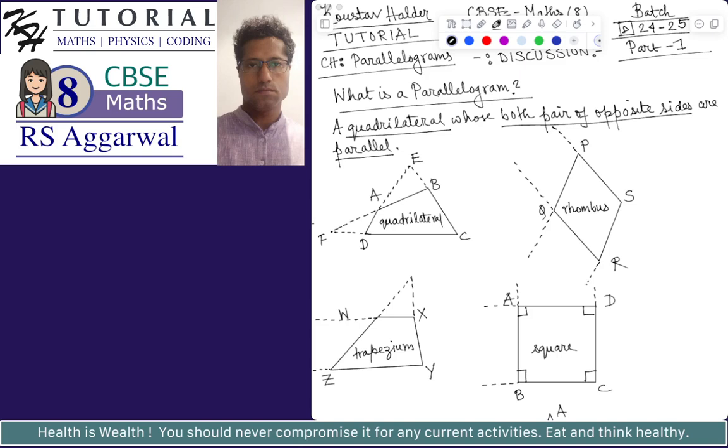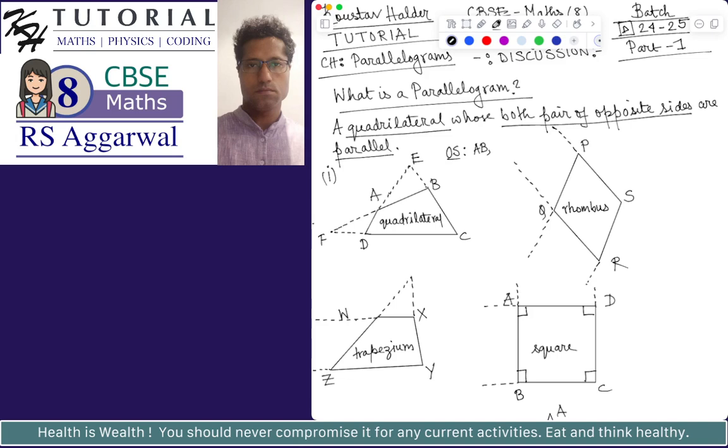Let's consider this as figure 1, quadrilateral 1. As you can see, the quadrilateral is ABCD. Now clearly we know that the opposite sides, in short I am writing OS for opposite sides, are AB, and there are 2 pairs of opposite sides in a quadrilateral.